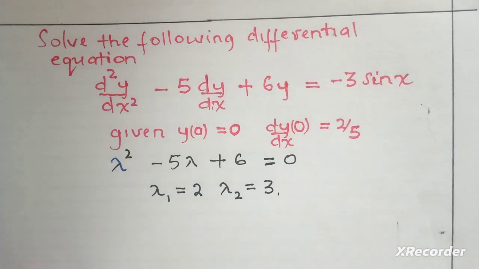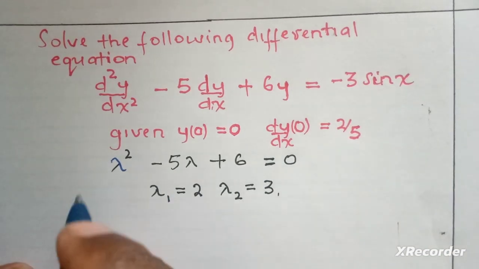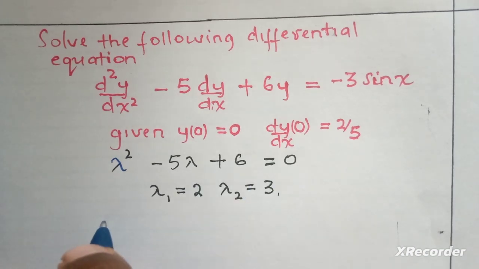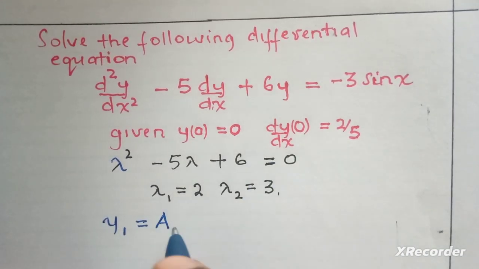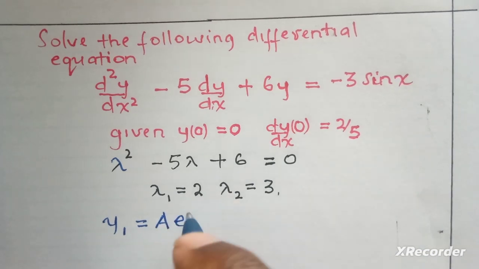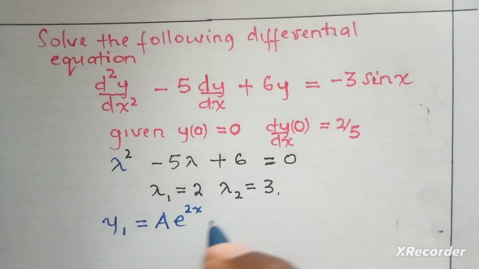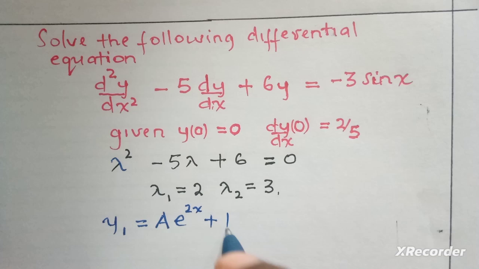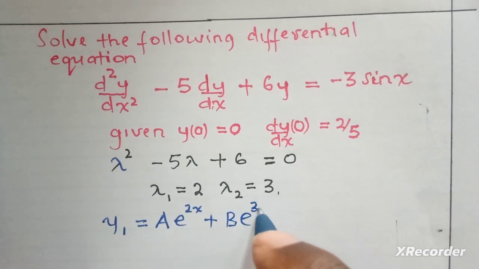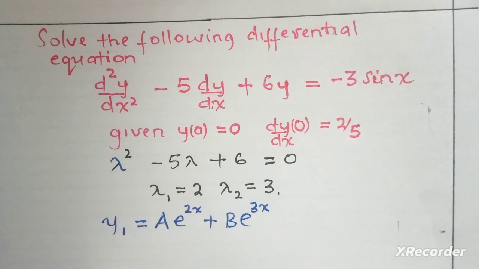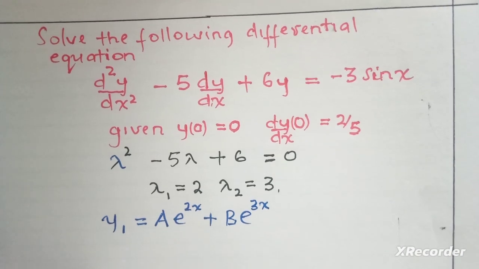And so we can write our complementary function as y1 equal to a e raised to 2x plus b e raised to 3x. So guys, that is our complementary function.